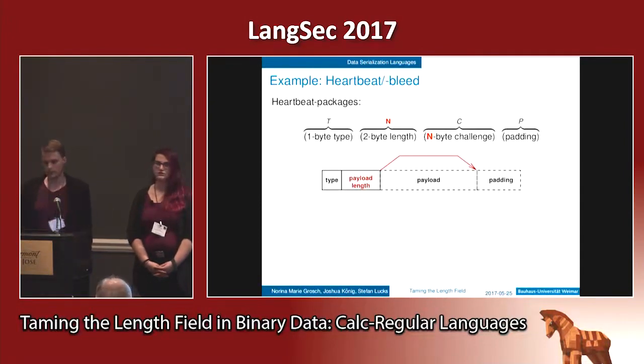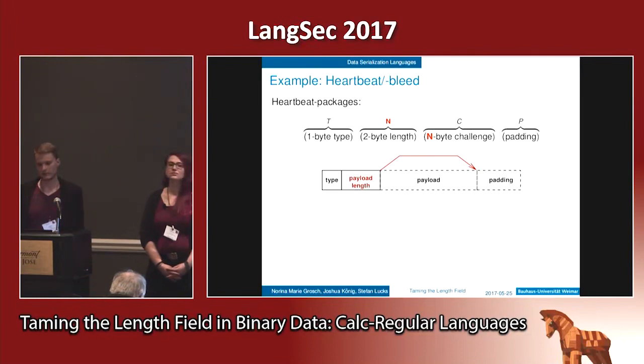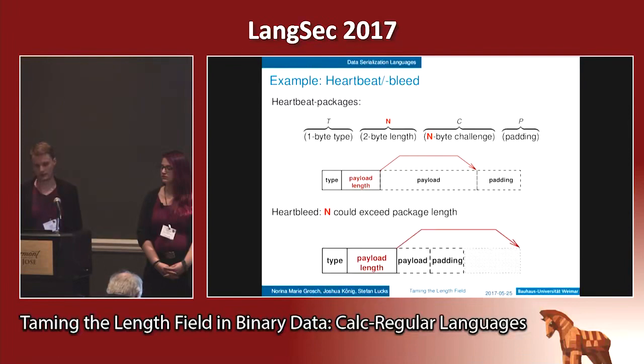To get a little motivation, you probably know about Heartbleed. You have the Heartbleed package, and it consists of the type field, length field n, an n-bit challenge, and some padding. If it's not properly implemented, I could just state a much higher number in the length field than the actual length of the challenge.